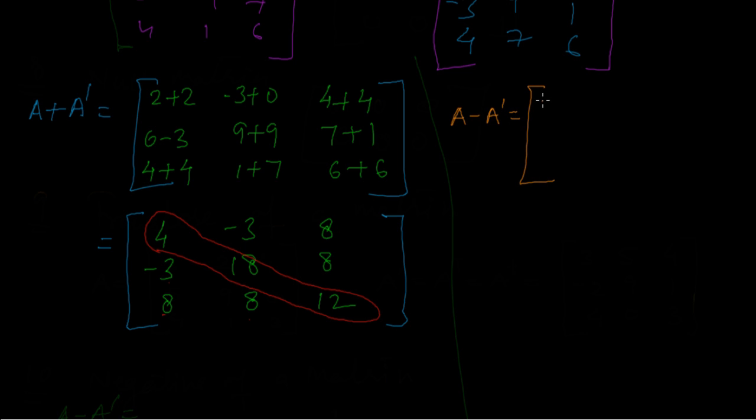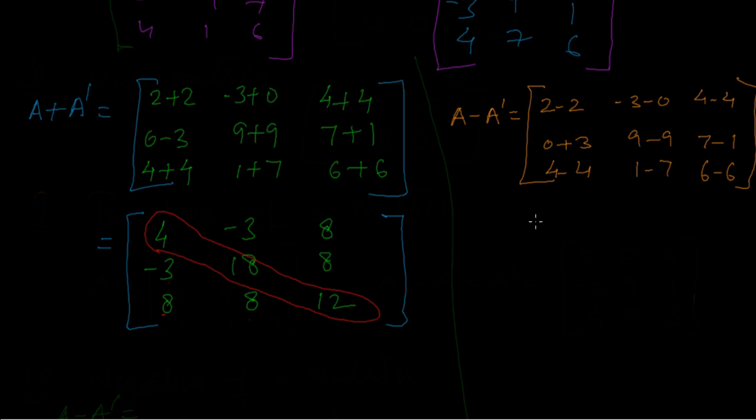So we subtract: 2 minus 2, -3 minus 0, 4 minus 4, 0 plus 3, 9 minus 9, 7 minus 1, 4 minus 4, 1 minus 7, 6 minus 6.